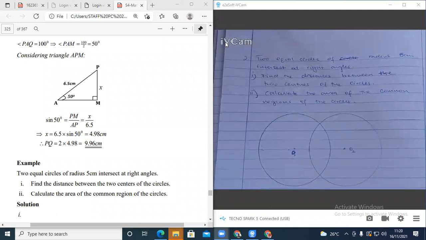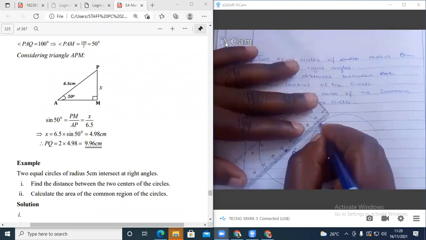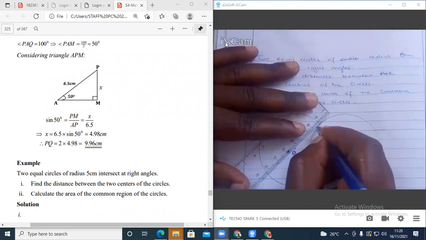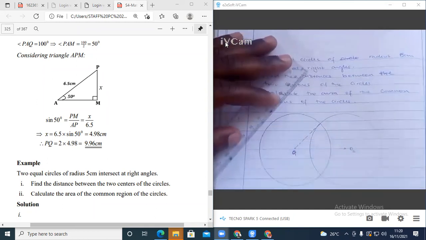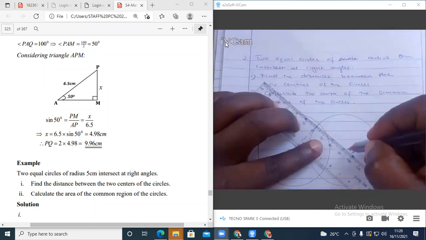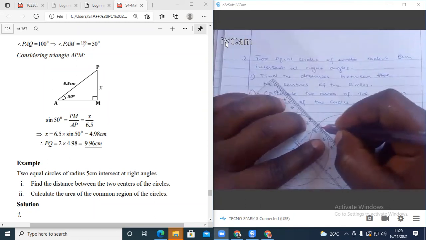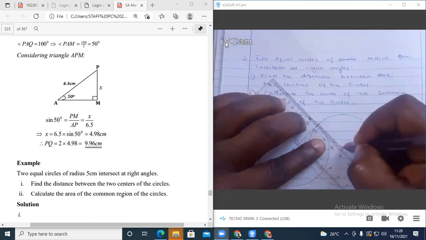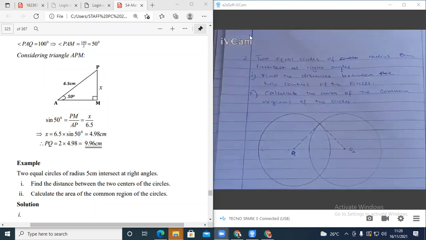So you should know that these two circles have radii. Let me first do the first one. Its radius is here. And the second one, its radius is here. One is red, another one is blue.